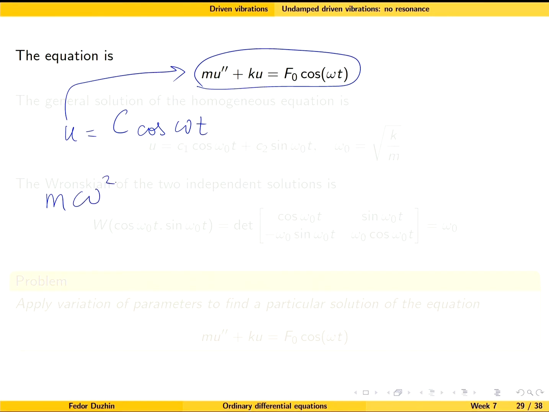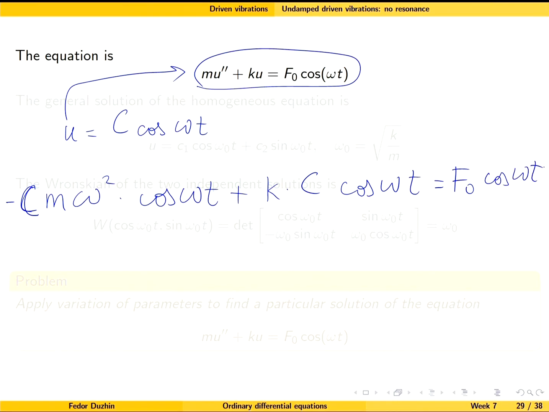Then I'm going to have m omega squared times c, and minus, of course, cosine of omega t, plus k times c times cosine of omega t equals f naught cosine of omega t. Then cosine of omega t is going to cancel happily, and then we can just solve for c.